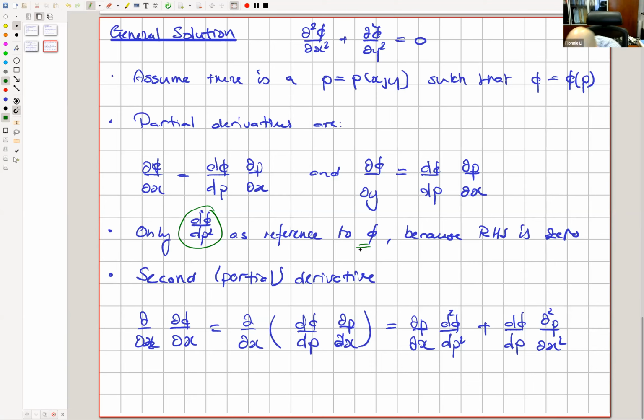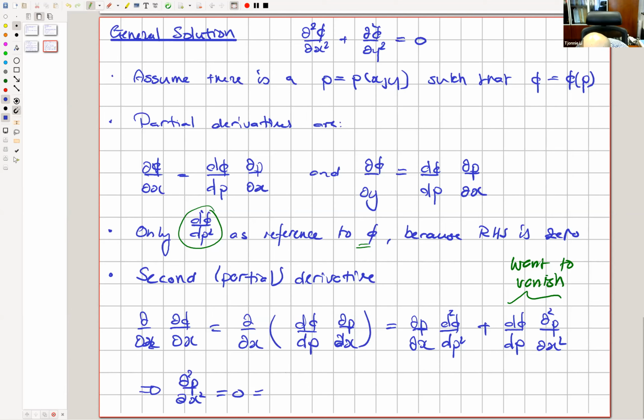So in this case, we want this term to vanish. How do we get this term to vanish? Assuming a very general phi, we can do this by requiring that partial squared p partial x squared equals 0.